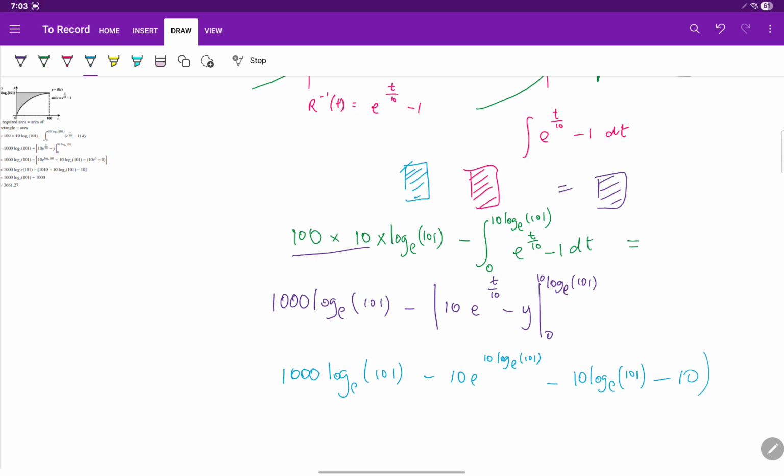But don't forget these are all part of a negative bracket. Oh, sorry, I forgot to include this over 10 bit here, over 10.